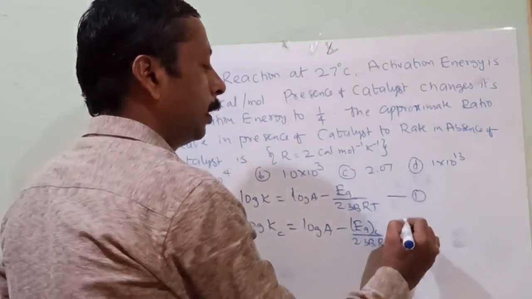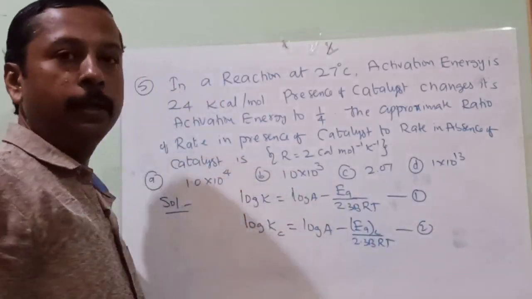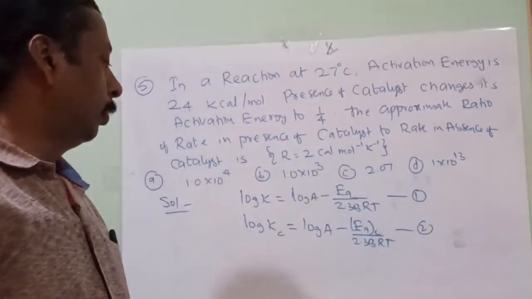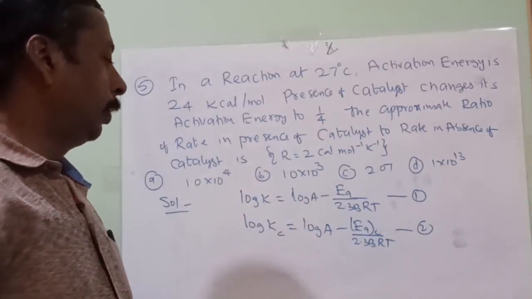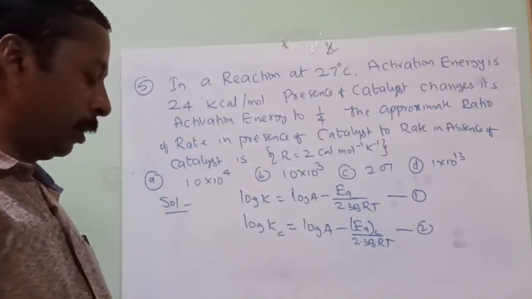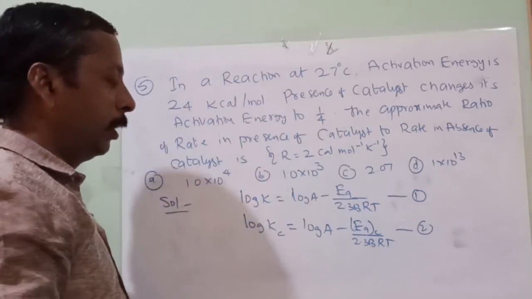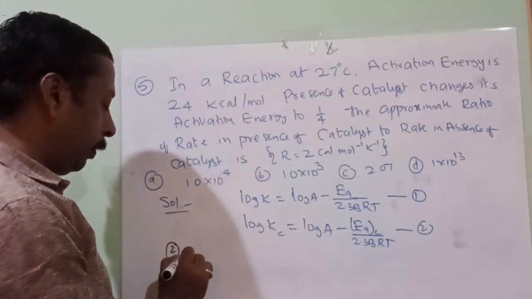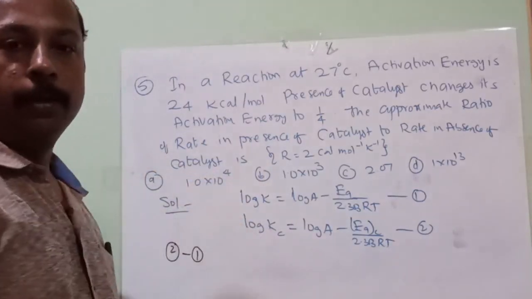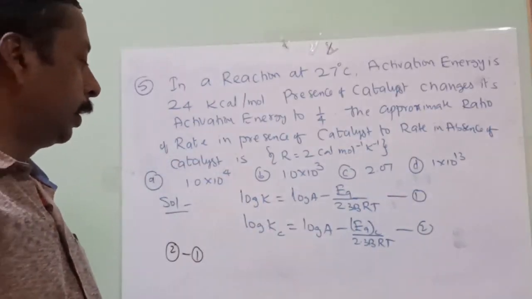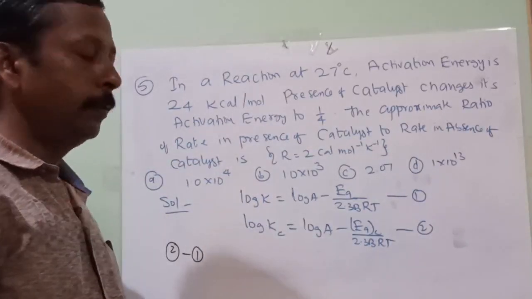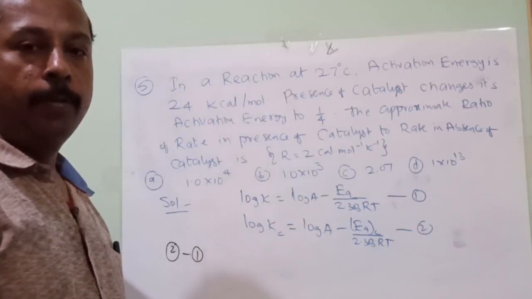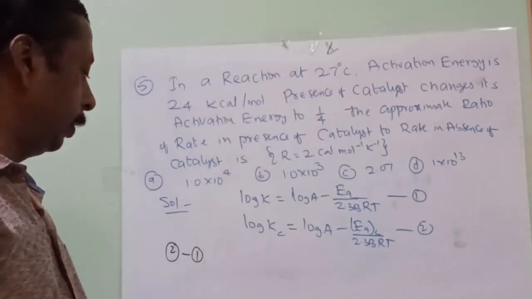I am taking this as equation 1 and this as equation 2. Now you have to take care which value to keep on top and which at the bottom. I feel equation 2 minus 1 will be the better option, because I know that the rate constant with catalyst will be more, because the rate of reaction will be more.